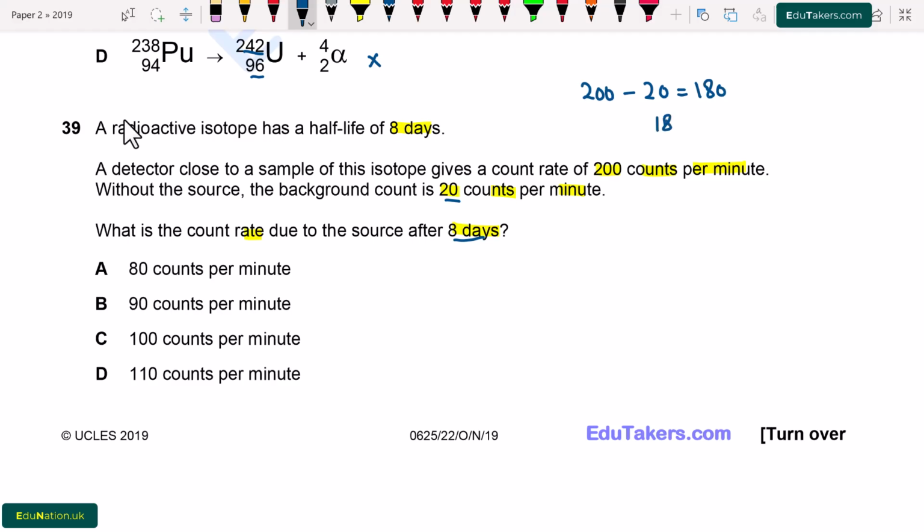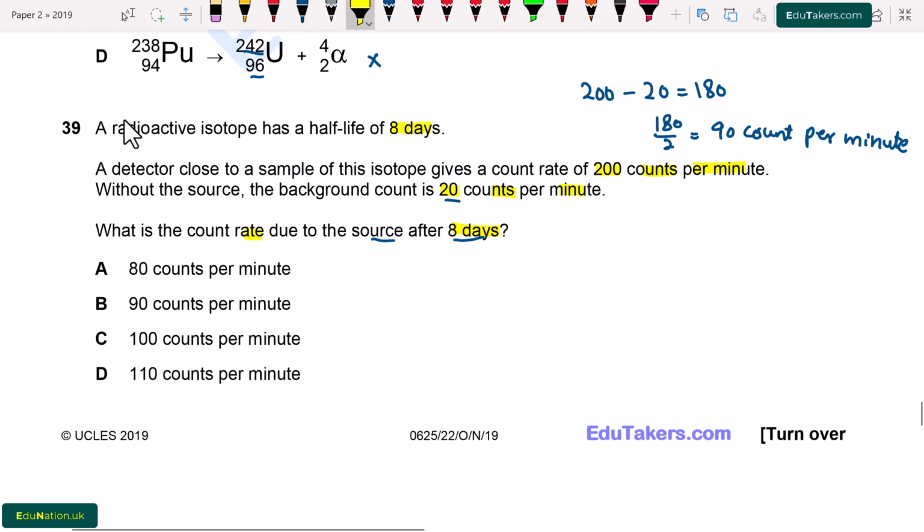So I write here 180 divided by 2, which is equal to 90 counts per minute. It means that after the first half-life, the count rate due to the source is 90 counts per minute.